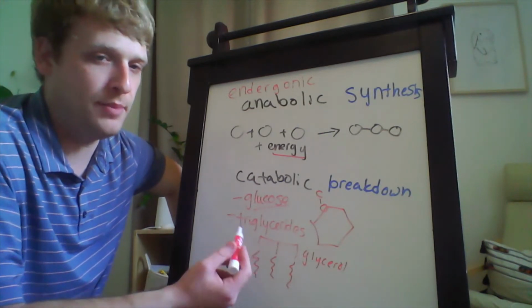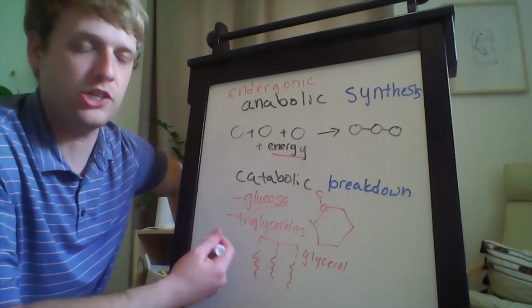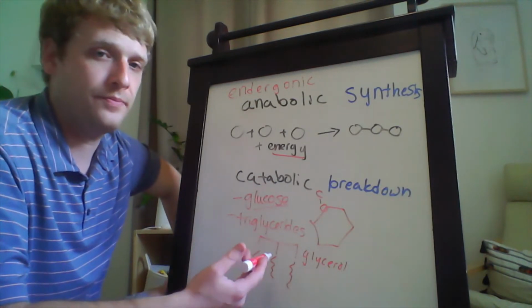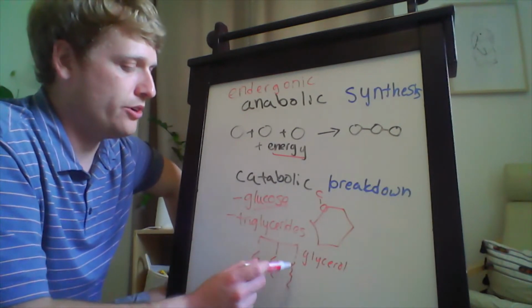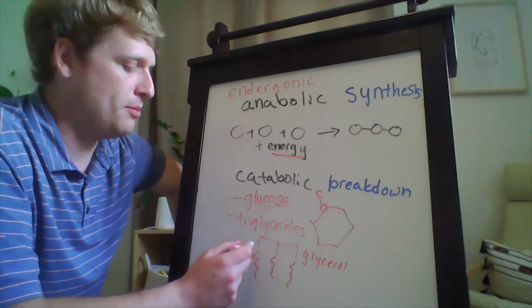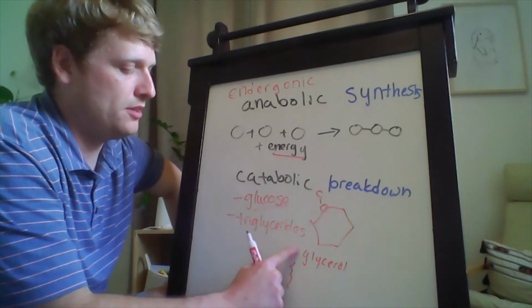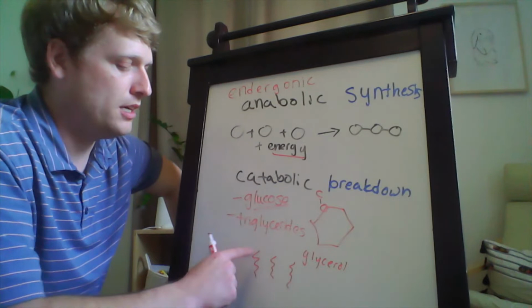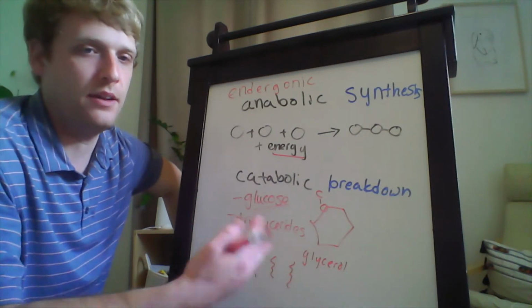So that will happen in cases of starvation, or if you're under calorie restriction, your body will shift because you're not taking in as much glucose. Your stored triglycerides are going to be broken down, so you will remove these fatty acids from the glycerol molecule and start to break the bonds between the fatty acid tails, and that can provide some energy.